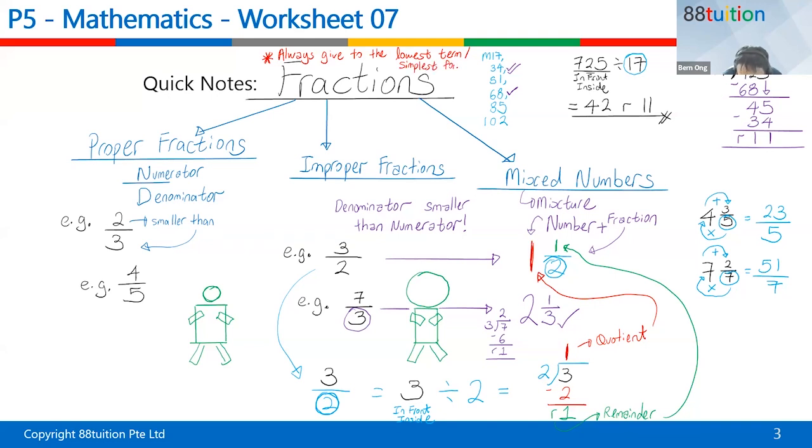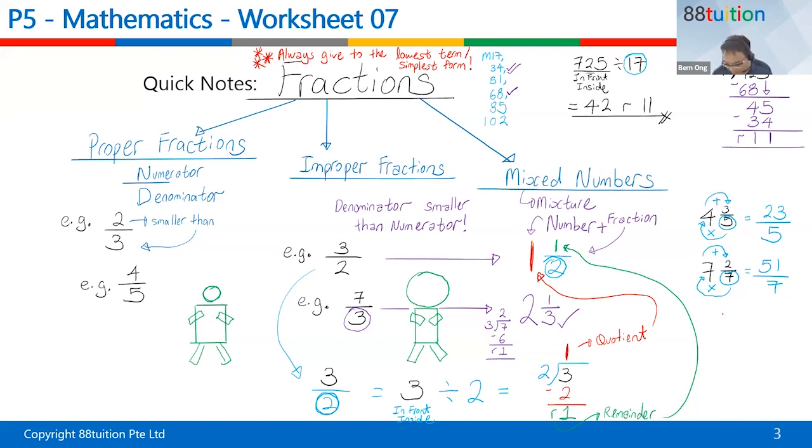Whether the question says so or not, no argument. Always give it to the simplest term or the lowest form. No argument. Question say, question don't say, you do it. Always give it to the lowest term. That means you have to use equivalent fraction.